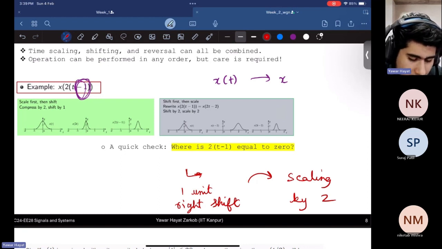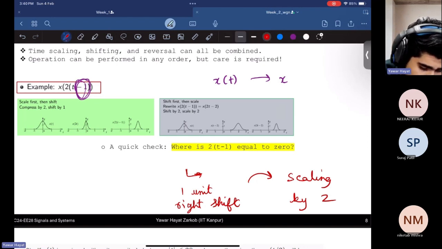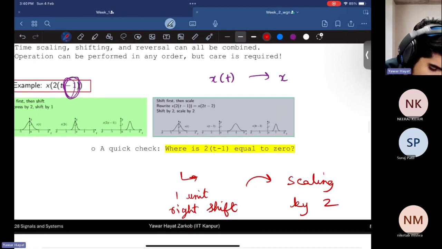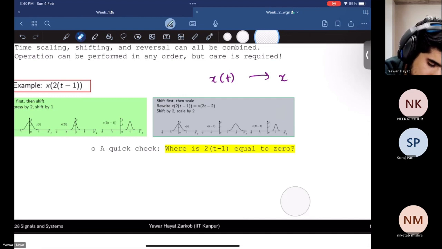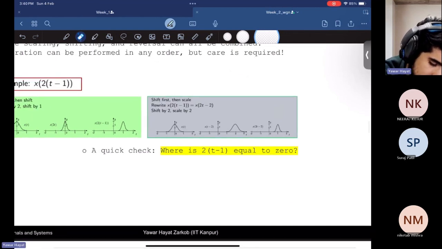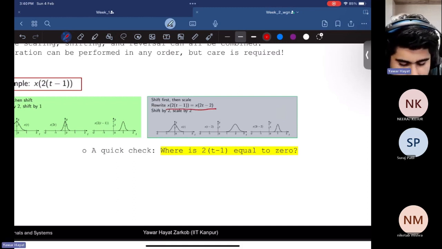Why this is wrong is because the right way of doing it is this: x of 2t minus 1 can be written as x of 2(t minus 1).